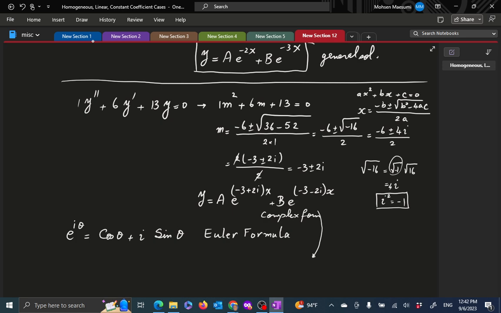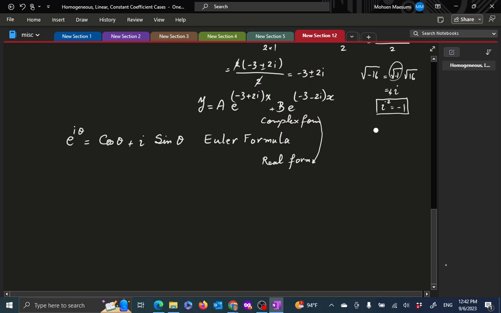We want to convert it to something that's entirely made out of real quantities, so that we don't have the complication of dealing with complex numbers in the middle of our problem.